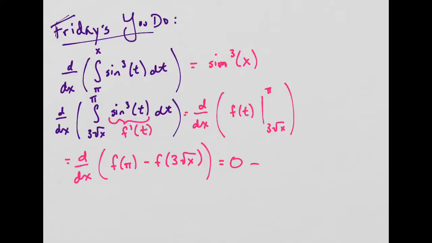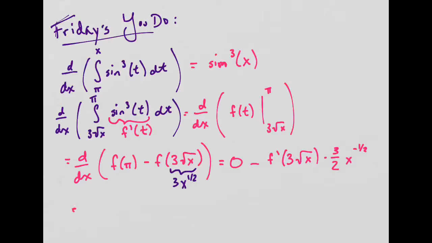Now, 3 root x is a function, so you have a function inside of another function, so you need to use the chain rule. I'm just going to rewrite this as 3x to the 1/2. It's going to be the derivative of the outside, so that's f prime, leaving the inside the same, so that's 3 root x, times the derivative of the inside, which is 3/2 x to the negative 1/2.